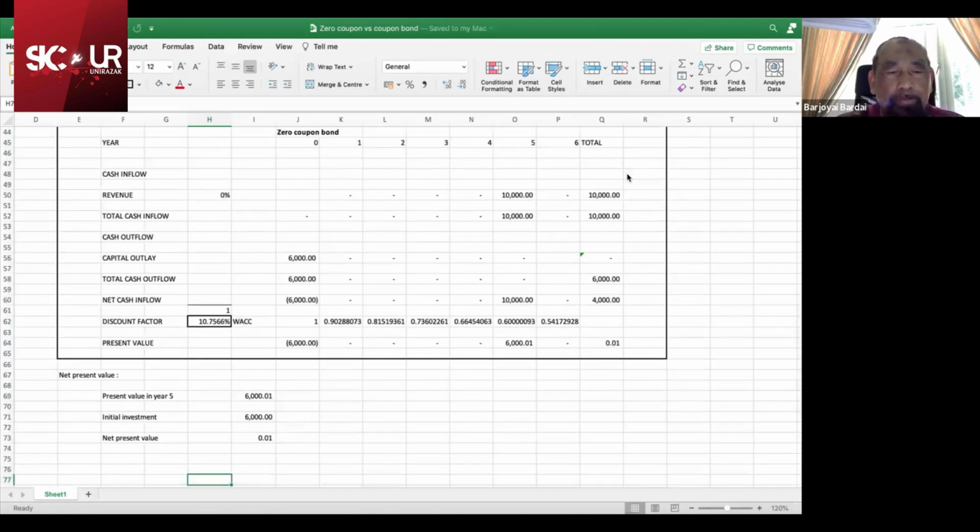Well, with the coupon bond, first of all, if the interest rate is 3%, then you need to determine what is your cost of capital. You calculate your weighted average cost of capital. Of course, you need to take into account the current interest rate, the risk factor, inflation, and the other factors we discussed.